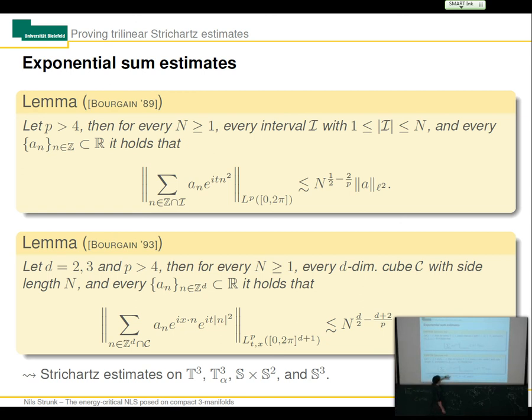This factor looks a little bit different on the irrational torus, and so you cannot use this, but you can get rid of this factor and then use this estimate. It's also a very simple trick, but very powerful, that Bourgain used to prove the Strichartz estimate on the irrational torus. It's really worth reading through this argument once. It's very nice and very powerful.